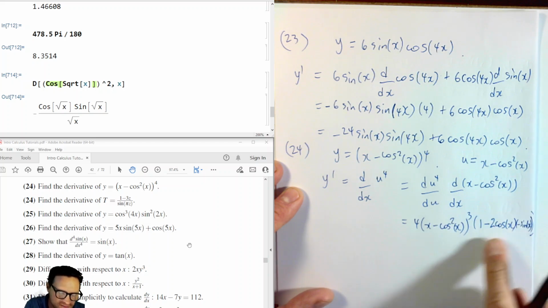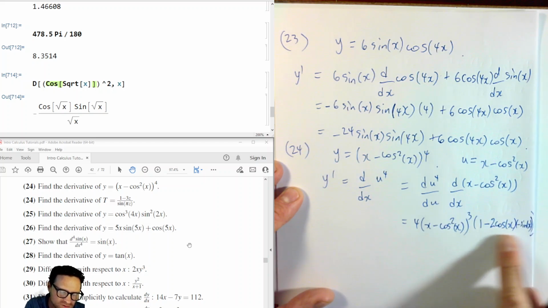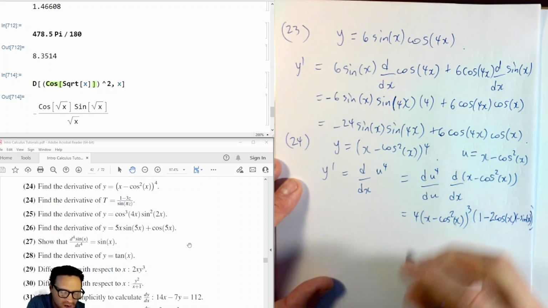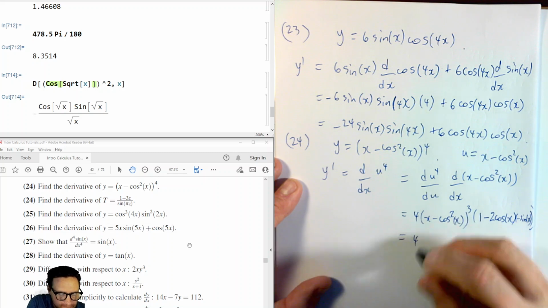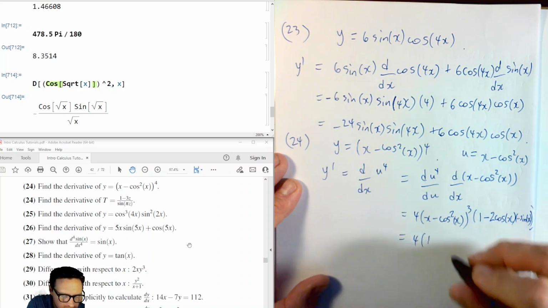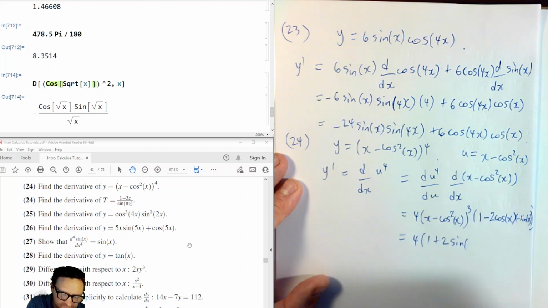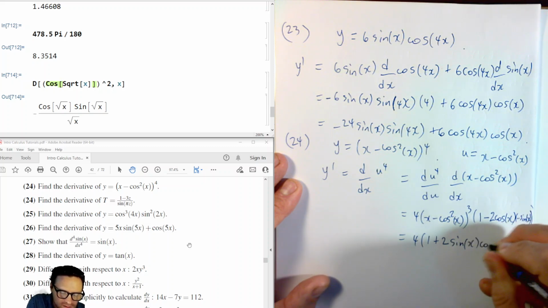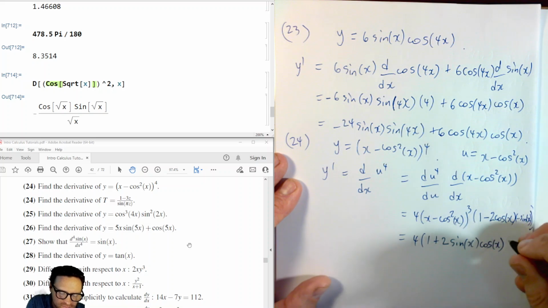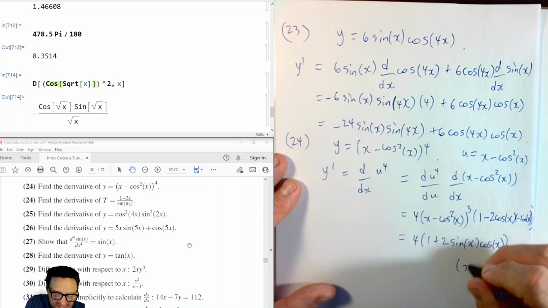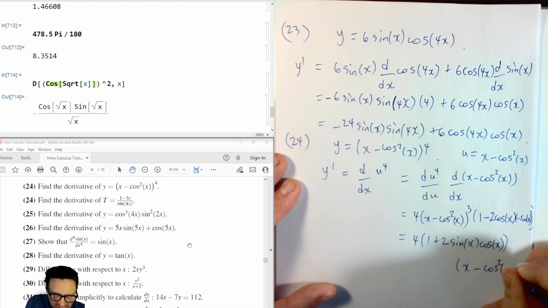Okay, I need to simplify this by multiplying the two minus signs, and then let's bring this out to the front. So we have 4, 1 plus 2 sine x cos x, and then times x minus cos squared x all cubed.